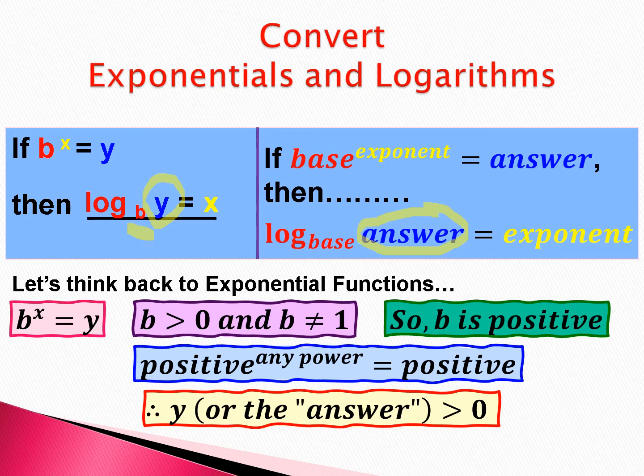So this b, the base right here, will always be greater than 0 as well, and you also won't have it be 1. So just like our exponents, the base is greater than 0, but not 1.